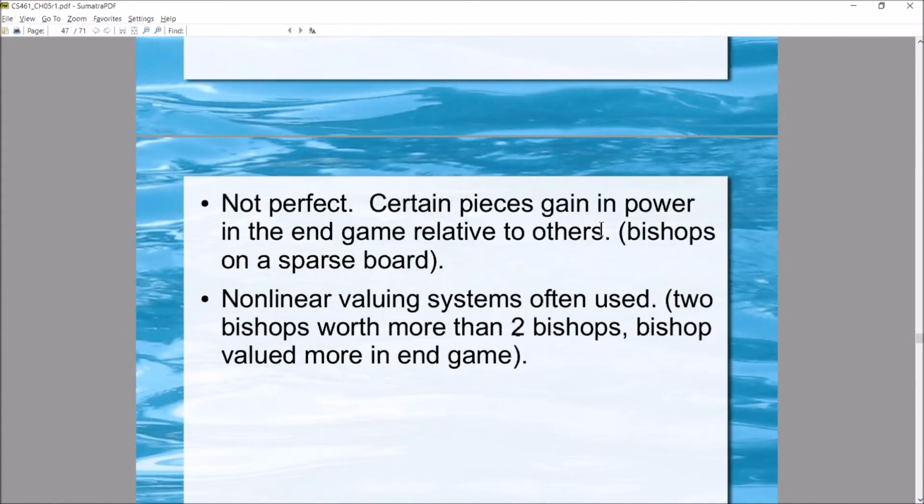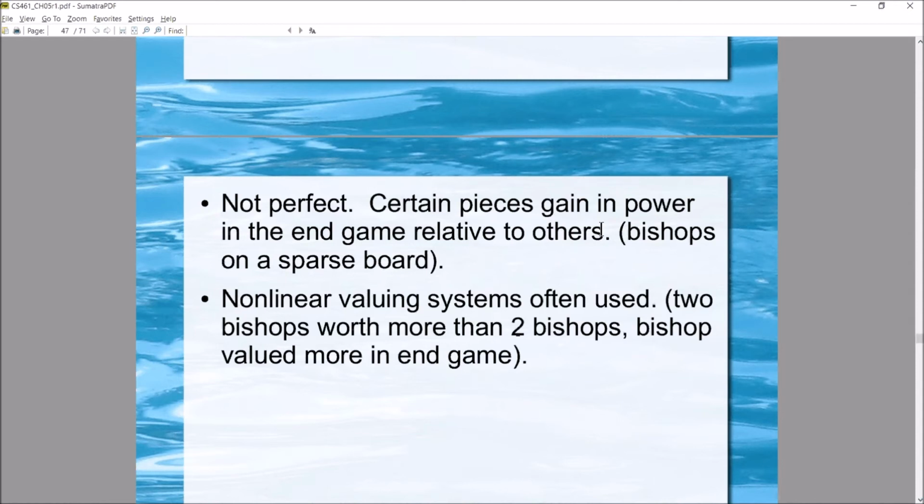Now, not perfect. There's certain pieces in chess that the further the game goes on, the more powerful they become, so their value is kind of dynamic. An example the textbook mentions is bishops. If you have a board that doesn't have a lot of pieces on it, bishops are relatively more powerful than they were earlier in the game, where there was a lot of clutter in the way.